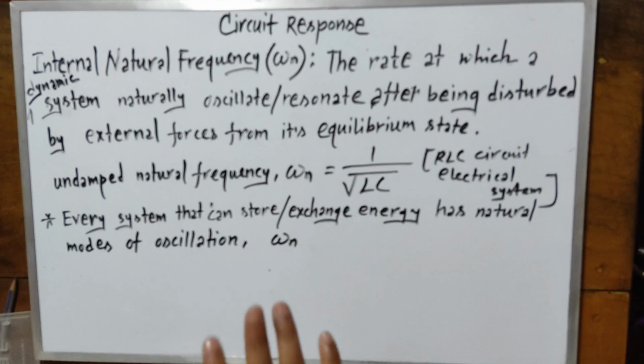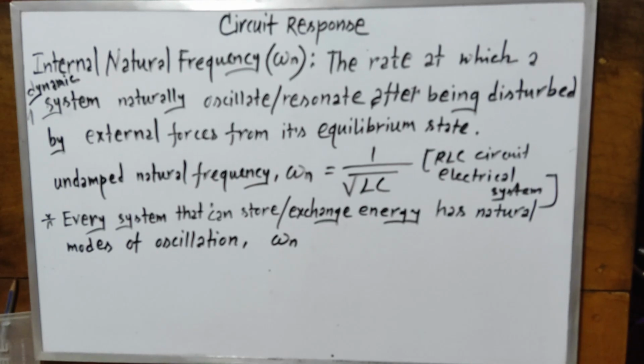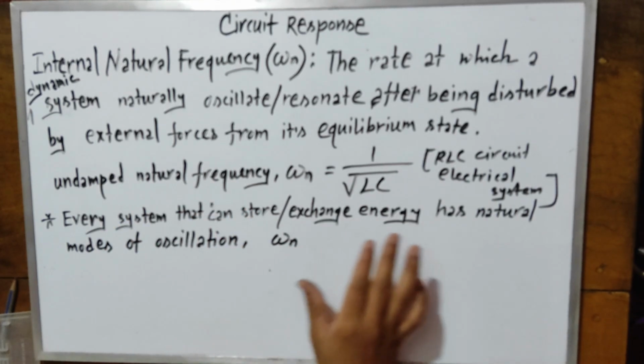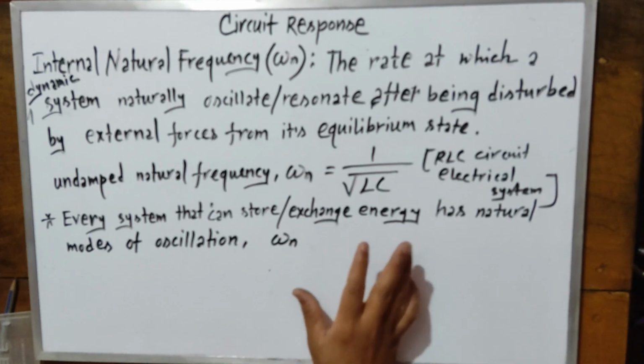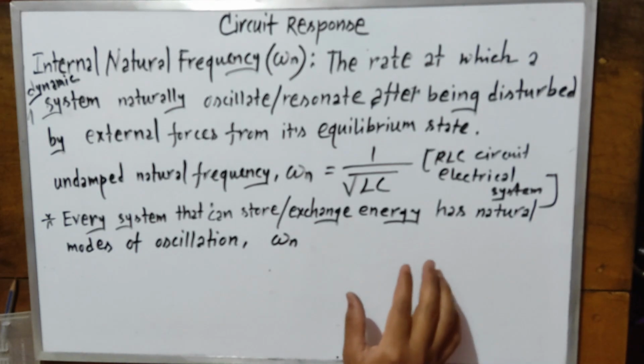So this natural frequency, when we consider the ideal undamped case, where we are not including the damping factor in the system, is the undamped natural frequency, which is described by 1 by root LC.